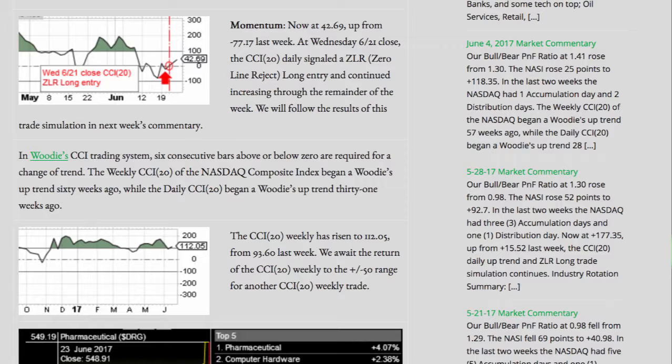In Woody's CCI trading system, 6 consecutive bars above or below 0 are required for a change of trend. The weekly CCI 20 of the Nasdaq Composite Index began a Woody's uptrend 60 weeks ago, while the daily CCI 20 began a Woody's uptrend 31 weeks ago.